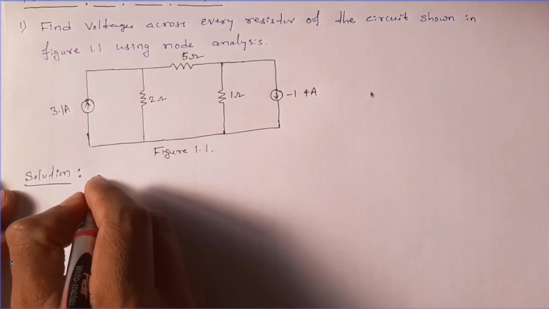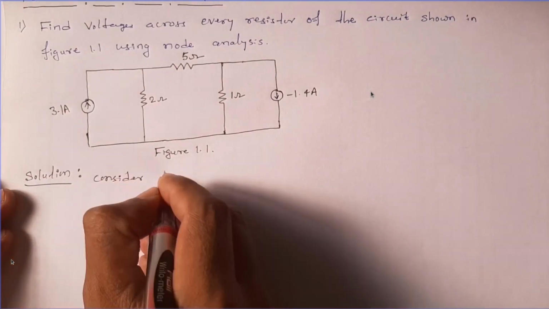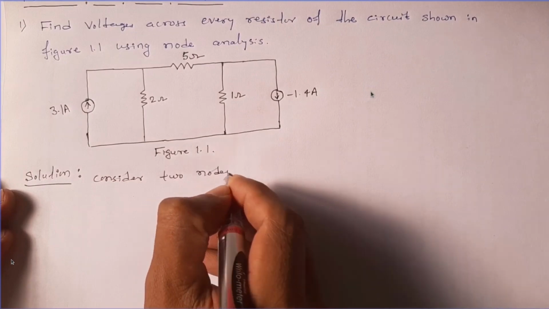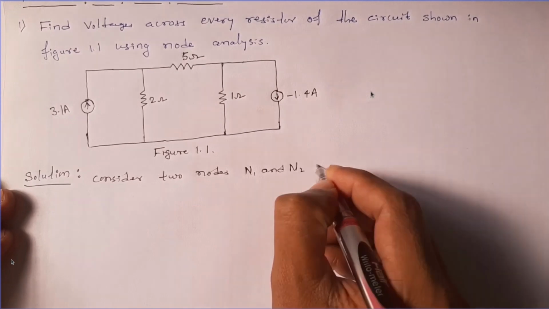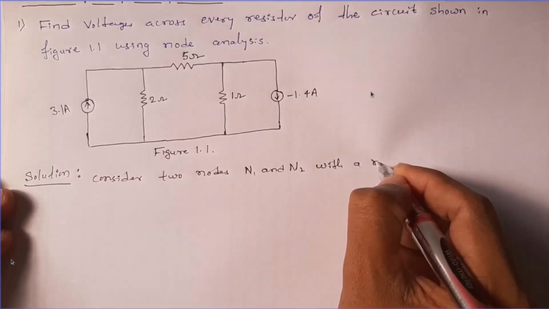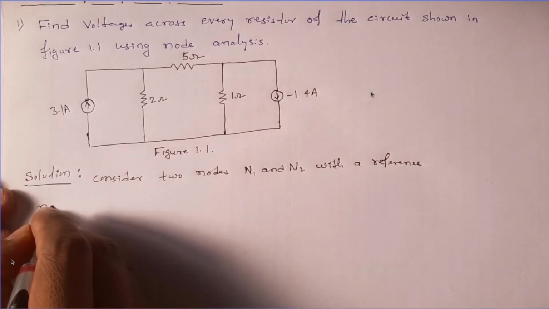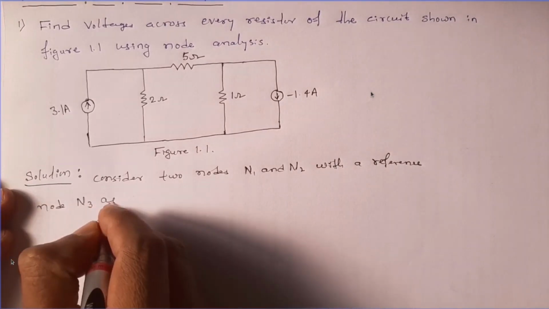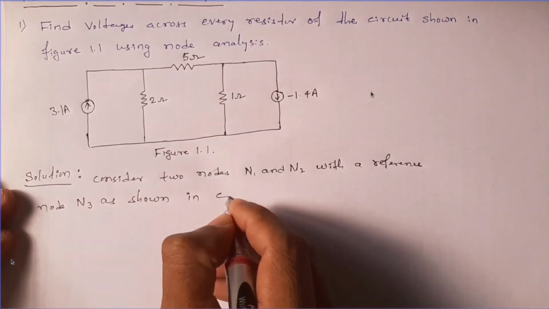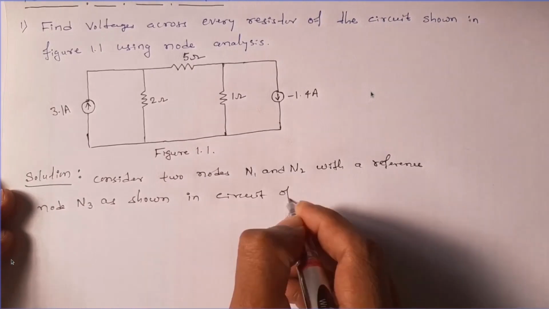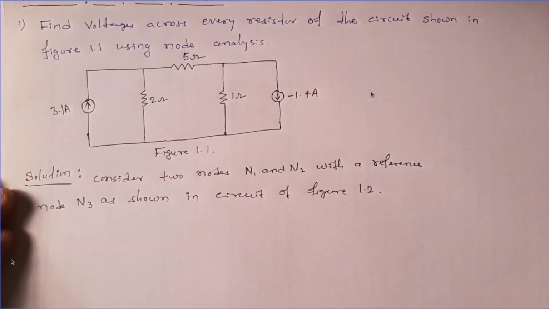Consider 2 nodes N1 and N2 with a reference node N3 as shown in the circuit of figure 1.2. So let me draw that figure.